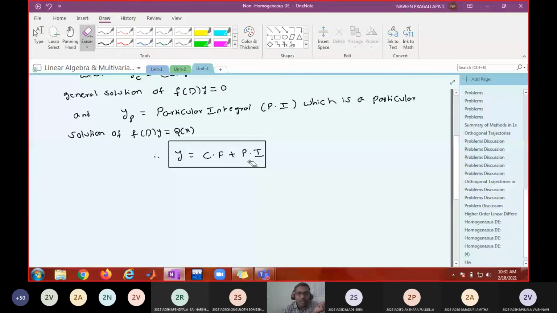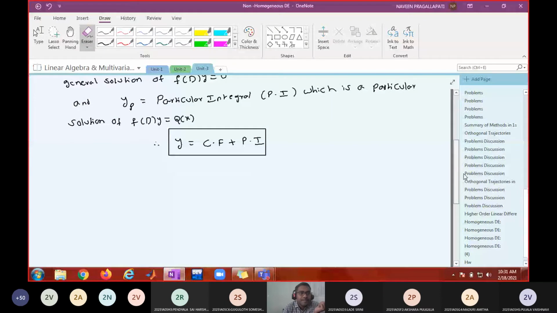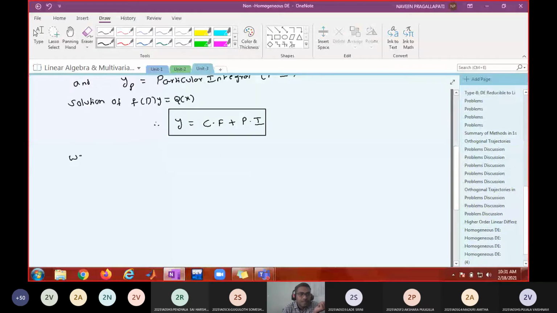So our task is how to find this particular integral. You know how to solve f of D of y equal to 0, and hence we could find yc, the complementary function.